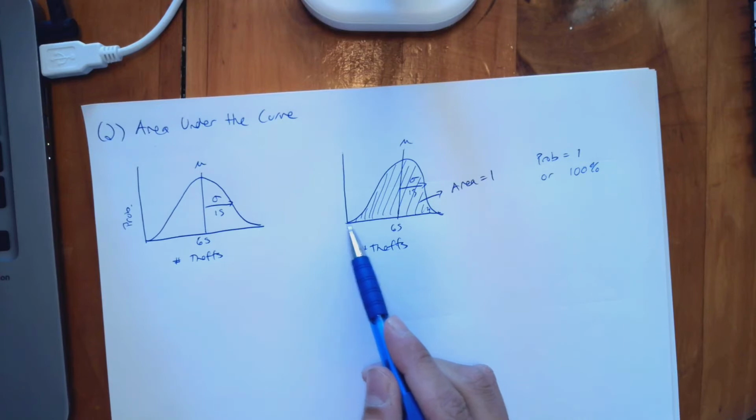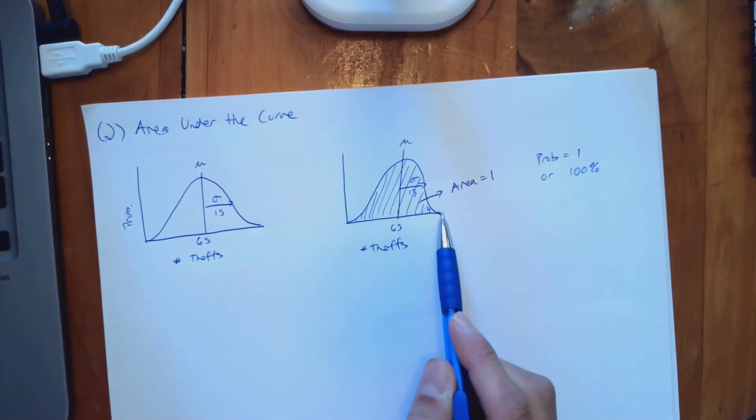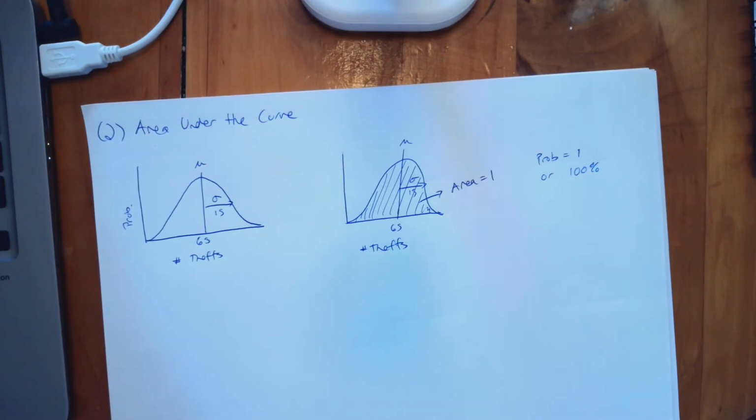So we're looking at the values that are included in the shaded area here, and technically we're including any possible value that you could have. If nothing is stolen, if 1,000 items are stolen, it's included in this. So the total area under the curve is going to be equal to 1 because there's a 100% chance that you're going to have some outcome. Again, there's some number of items that are going to be stolen.